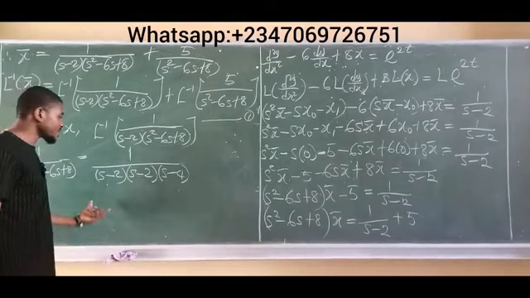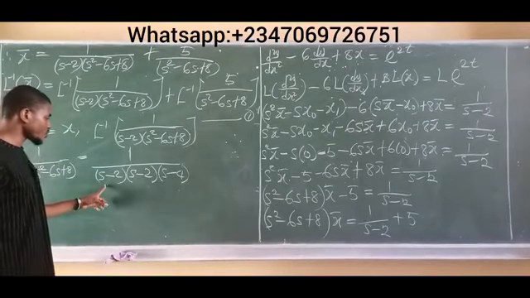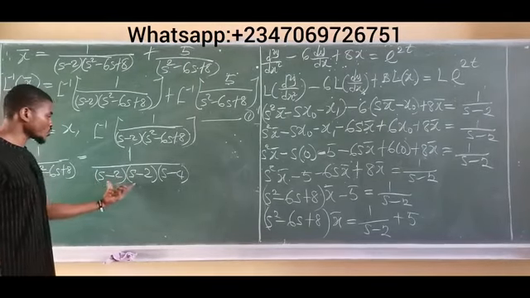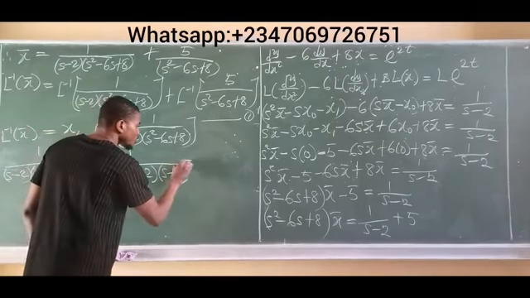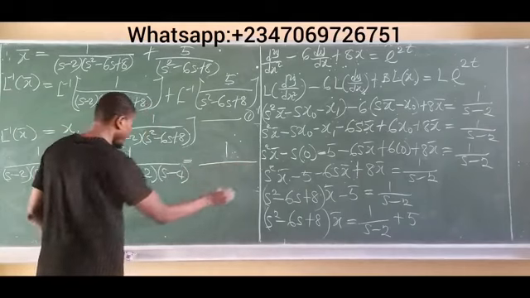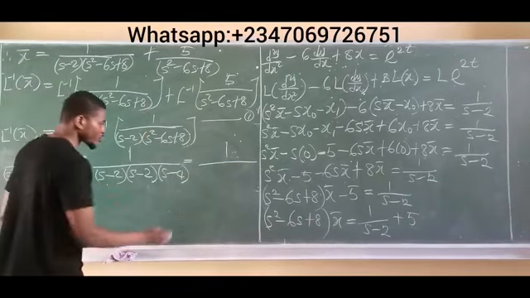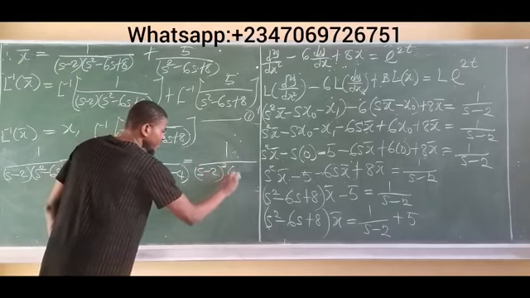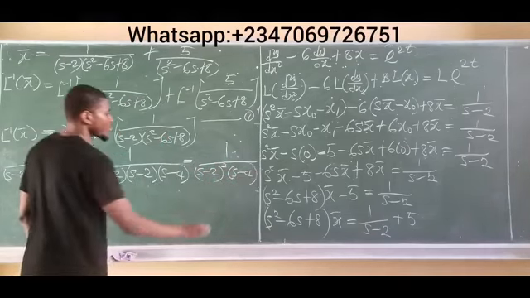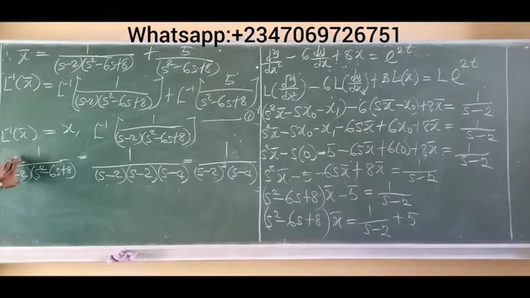Now you observe that at the denominator I have x minus 2 times x minus 2, which means these two factors are the same. So this is now equal to 1 all over x minus 2 all squared times x minus 4. Alright, so this whole term has been broken down into this.